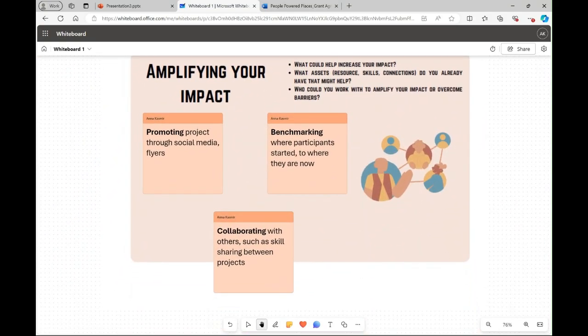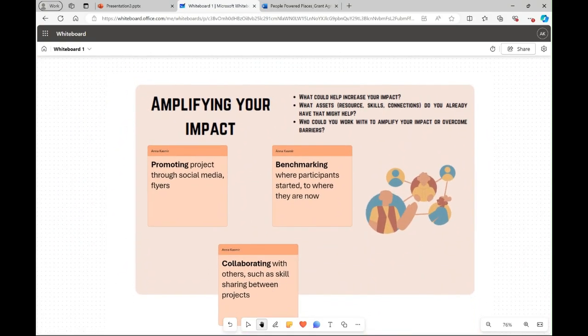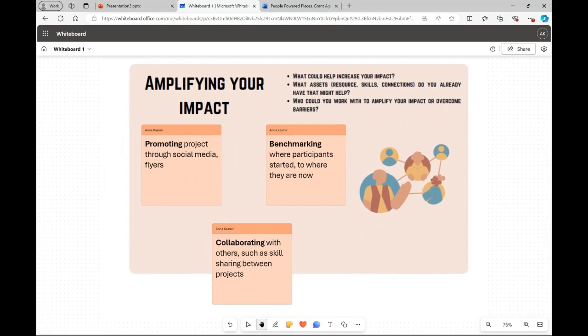So going to the next part. How can you amplify your project? So, what could help increase your impact? What assets, resources, skills, connections do you have that might help? What could you work with to amplify your impact or overcome barriers?